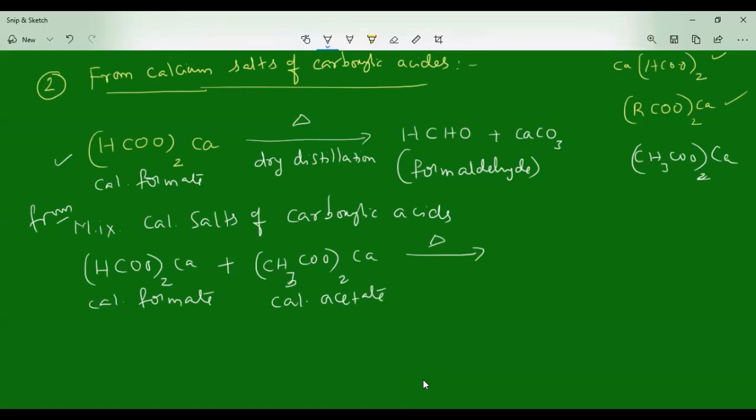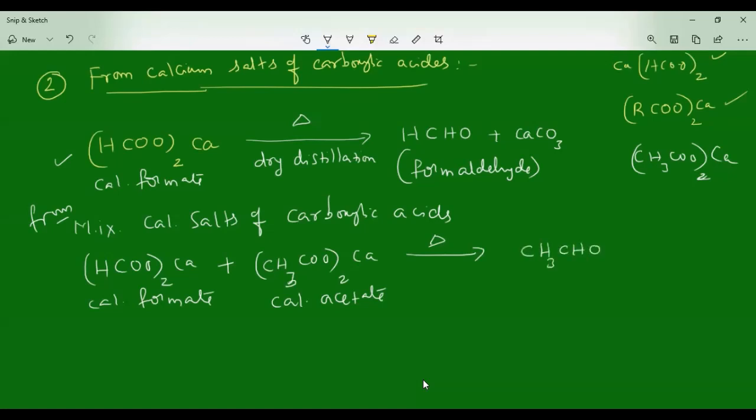Doing the same process, which means dry distillation, we are going to get an important compound, that we will call an aldehyde. What's the compound? Aldehyde, that is CH3CHO.